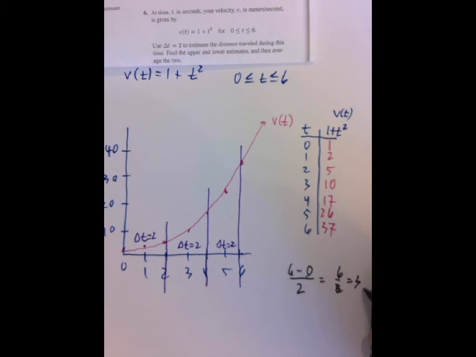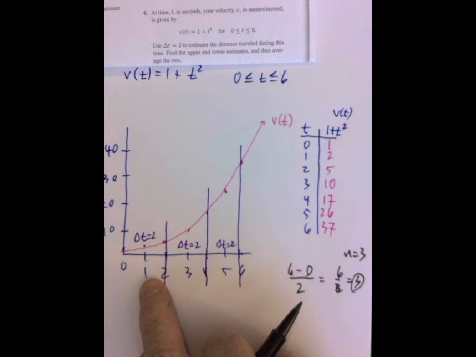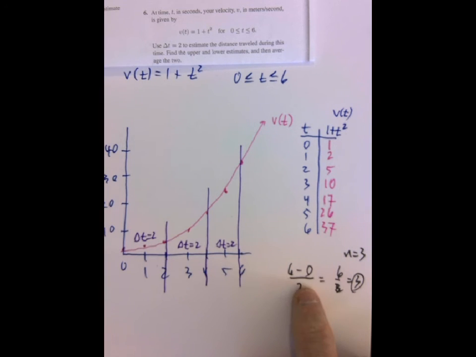And that tells us, oh, n has to be 3 intervals. 1, 2, 3, right? Because the width of the interval times the number of intervals equals the total elapsed span on the x, in this case t, right? So now what do they want? Oh wait, actually, yeah, n is equal to 2, right? So that means we've got 3 intervals, right?